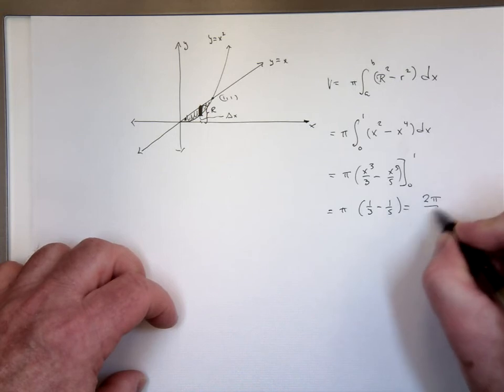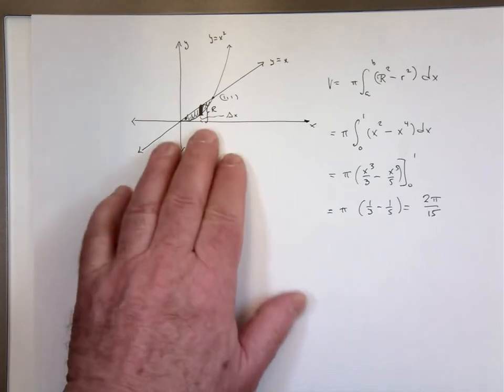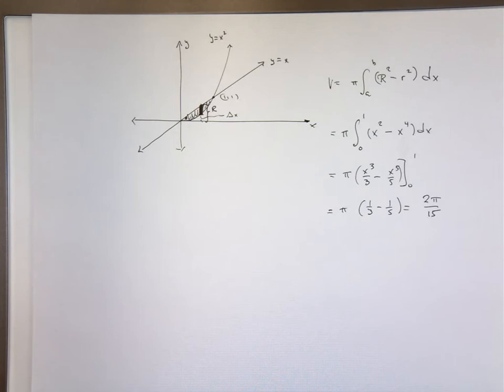And that's it. Now, let's take the same area and go around the y-axis. When we do that, what shape do we get generated by this one rectangle? This rectangle will generate what? A cavity? It'll hurt, so we shouldn't call it that.